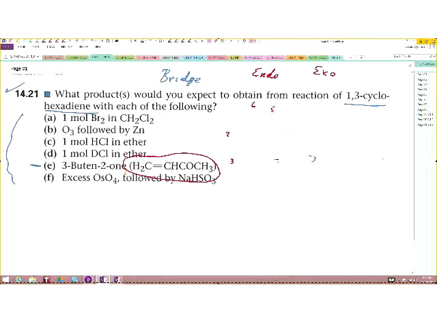Oh, by the way, did I put a double bond? Okay, let me go back to that. You guys will remind me if I do make that kind of mistake.